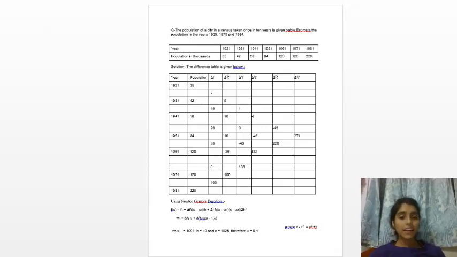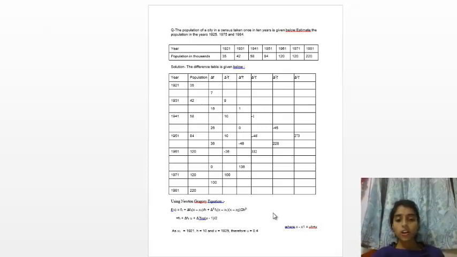Similarly, by taking the difference of the previous differences, we will continue up to del to the power 6 f, that is 273.